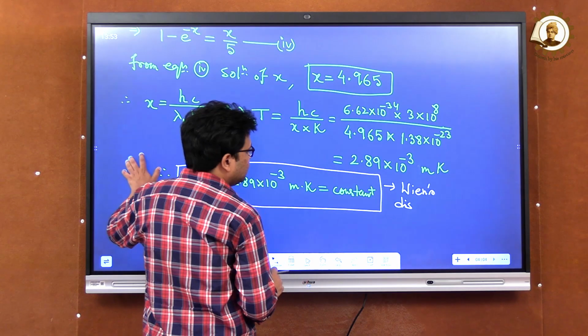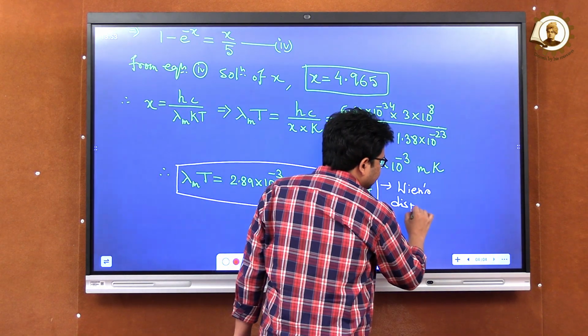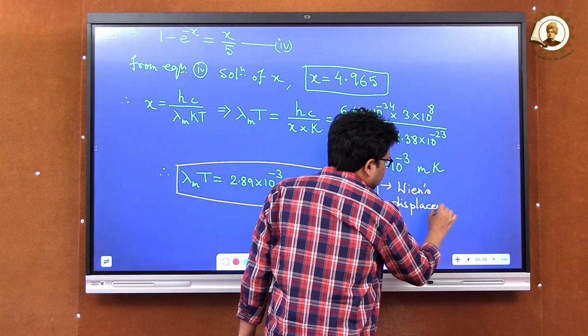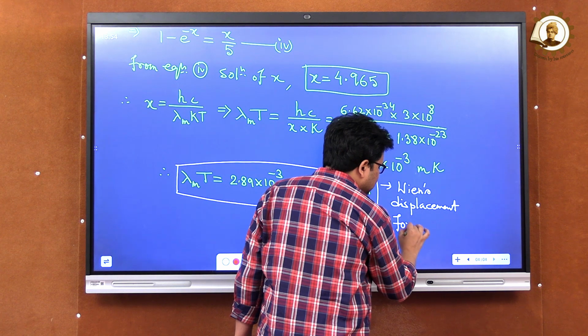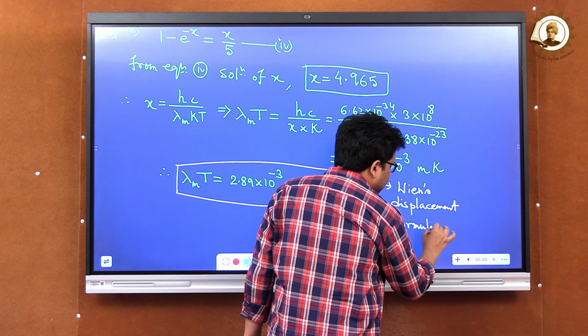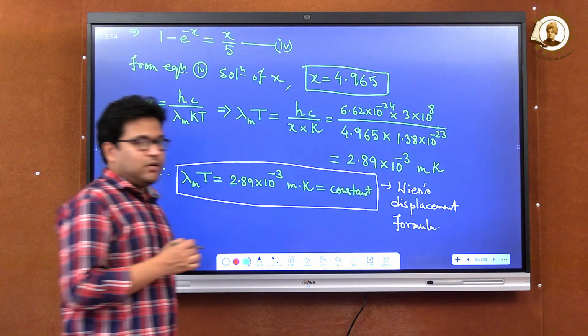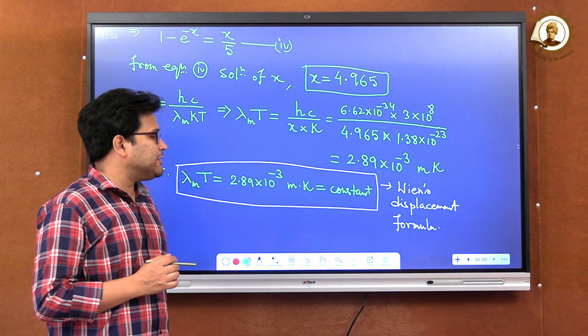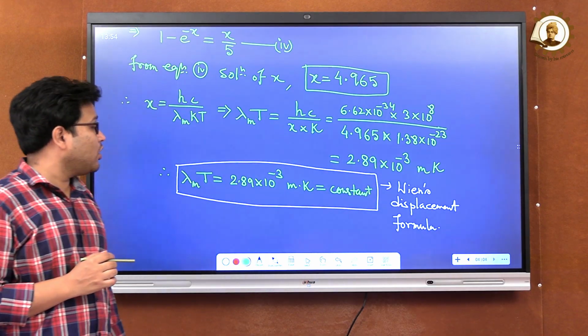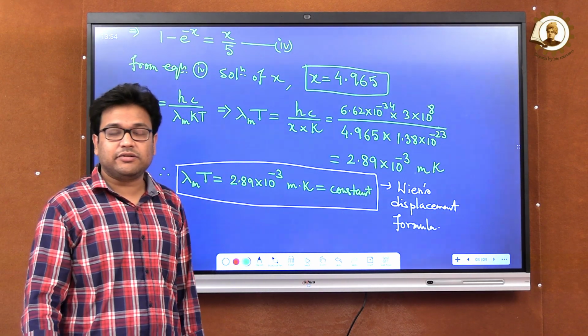This is our well-known Wien's displacement law, or Wien's displacement formula. Therefore we have derived Wien's displacement formula, or Wien's displacement law, from Planck's law of radiation.